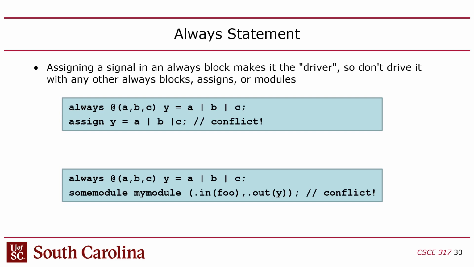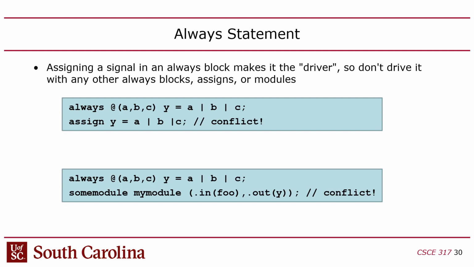Does that make sense? Now you might say, wait, hold on, how do you know that y is an output from the always statement? You don't, other than the fact that it shows up on the left hand of an assignment statement inside the always block. So the always assigns y internally.